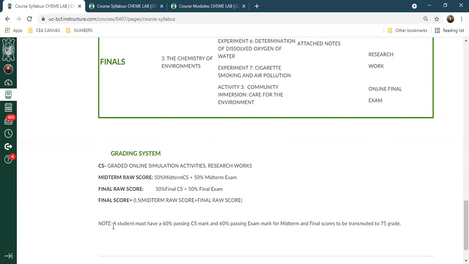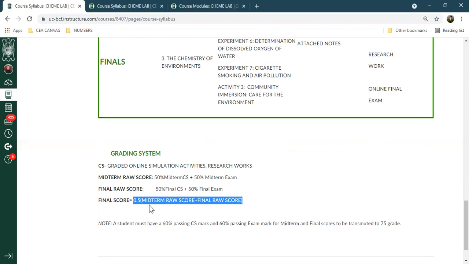Take note, a student must have a 60% passing CS mark and a 60% passing exam mark for midterm and final scores to be transmuted to a 75 grade. Say, for example, you got a final score of 60, automatically it will be transmuted to 75.